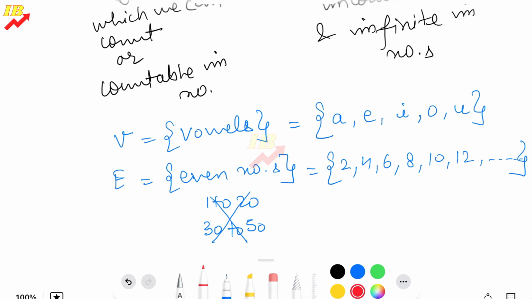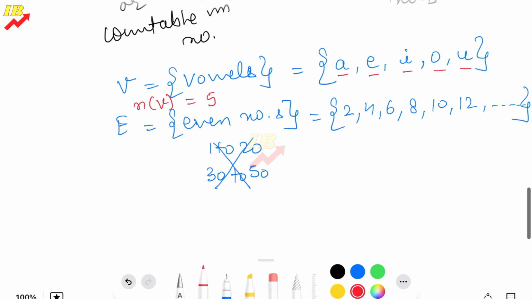Now we know that n(V) is 5 because 1, 2, 3, 4, 5. It has 5 members. But if I write n(E), what am I supposed to write here? I cannot write anything. These are infinite in number, right?